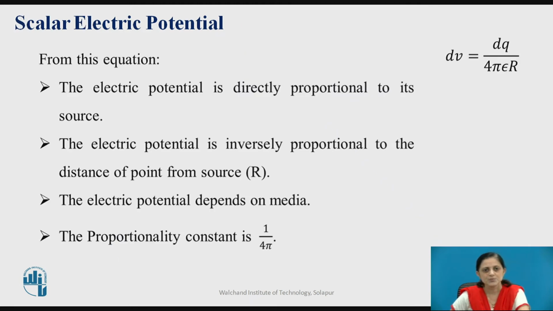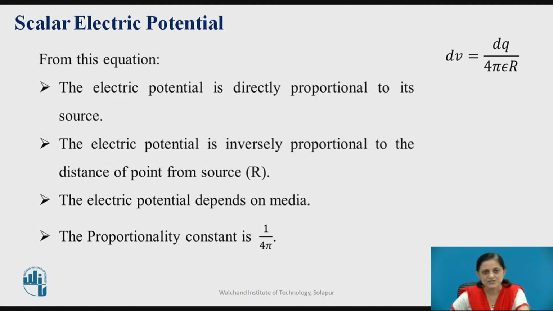So what is scalar potential, electric potential? It's given by the equation dV is equal to dQ upon 4 pi epsilon r. From this equation we can say that the electric potential is directly proportional to its source.